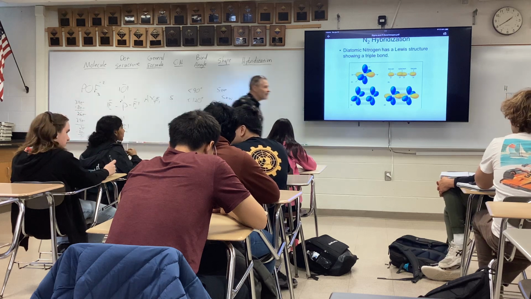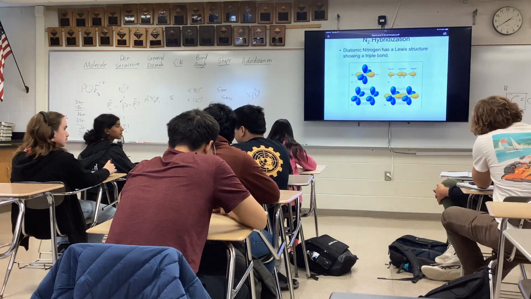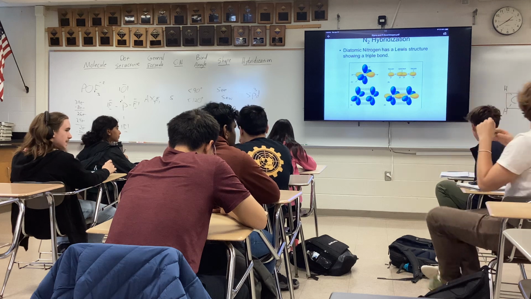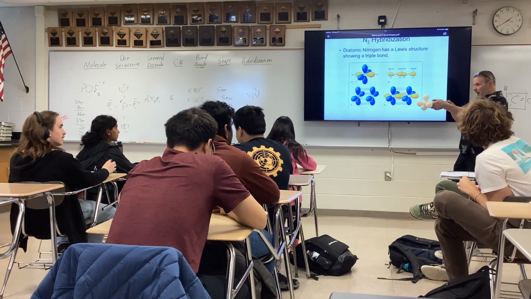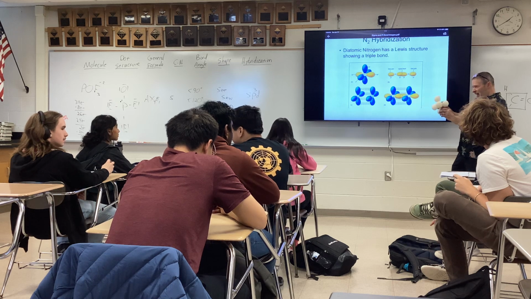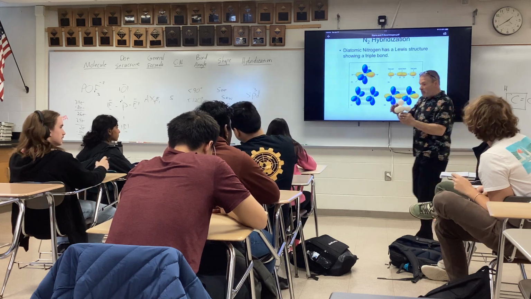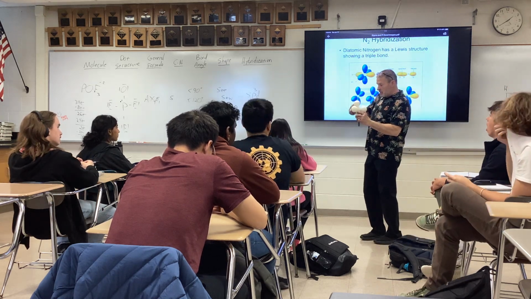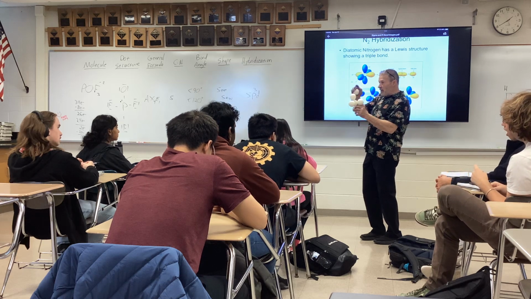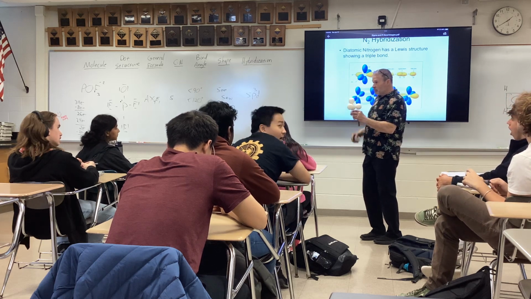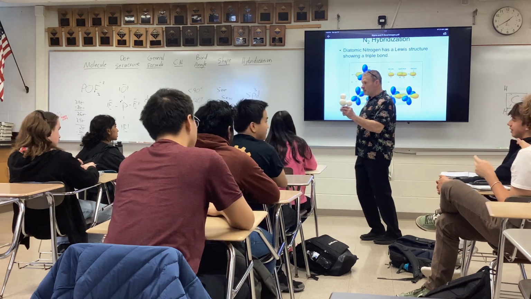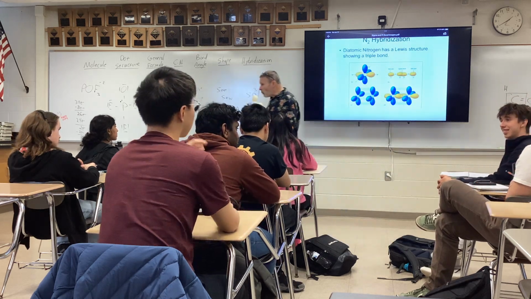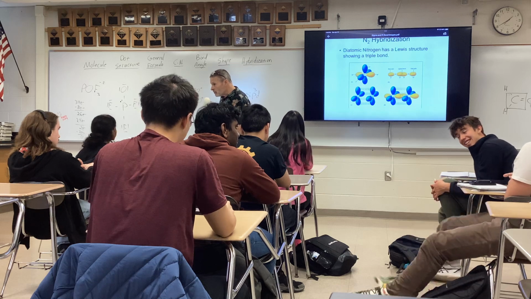Okay, so if you start with trigonal bipyramidal, you know, these 3 going around are called equatorial. Are you okay with that? And these are axial. So in trigonal bipyramidal, you always take off one of the equatorial atoms. Don't take off an axial one.